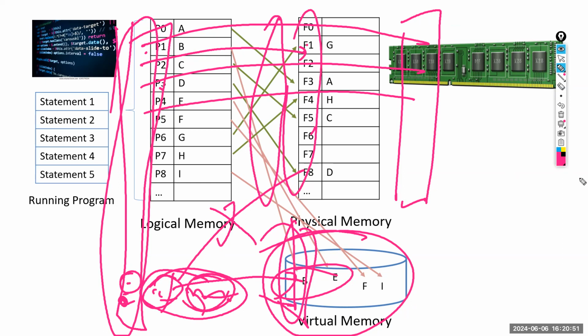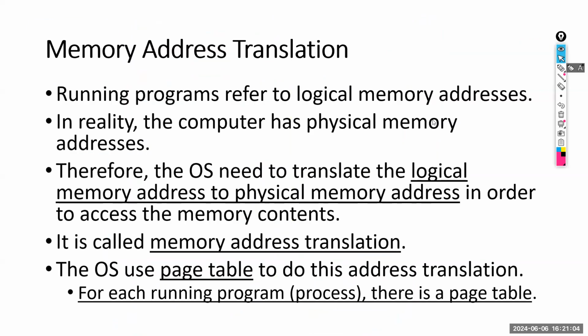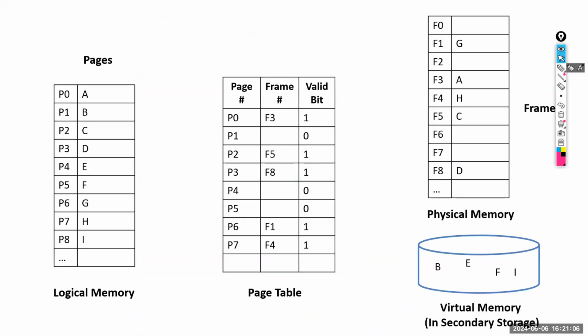So how it is done is we have a concept called the page table. Okay, let's look at that diagram. Your computer looks at your physical memory as having a set of frames.